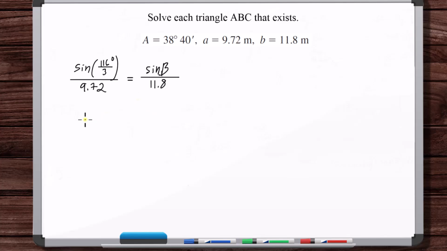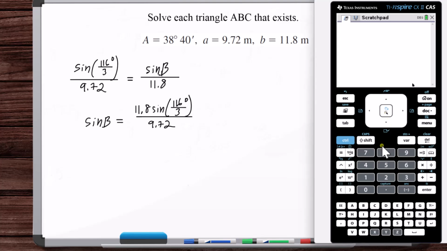Okay, so we can see that sine of B is going to be equal to 11.8 times sine of 116 divided by 3 degrees over 9.72. Okay, so we're in degree mode. 11.8 times sine of 116 over 3.